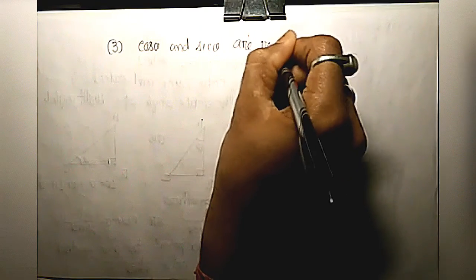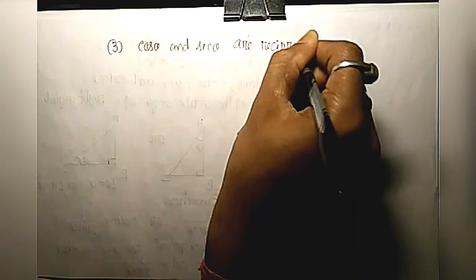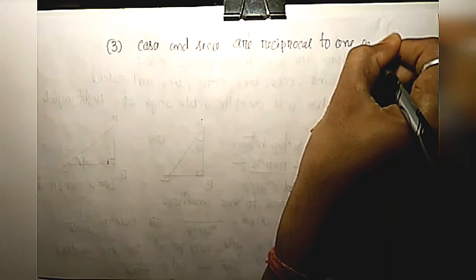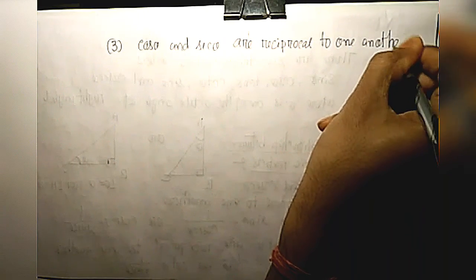So next, number 3, cos theta and sec theta are reciprocal to one another.